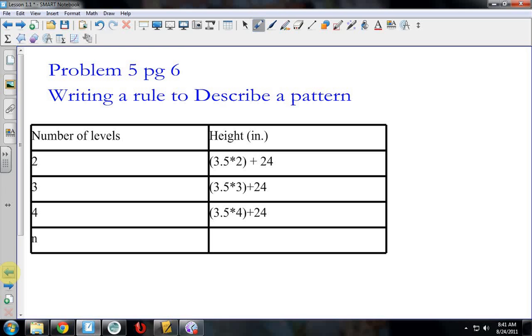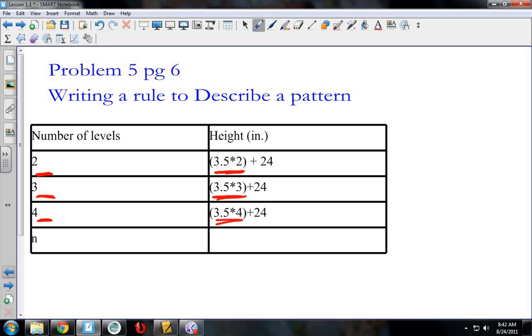So they're talking about the height in inches of this card house. Right? So what they did is if they had 2 levels, they're going to multiply 2 by 3.5, then add 24. That 24 is because it's sitting on top of a desk, 24 inches tall. Right. 3, it's going to do 3.5 times 3 plus 24. 4 is 3.5 times 4 plus 24.